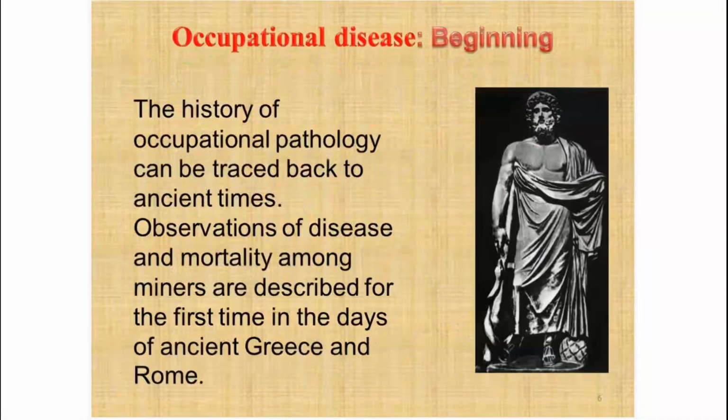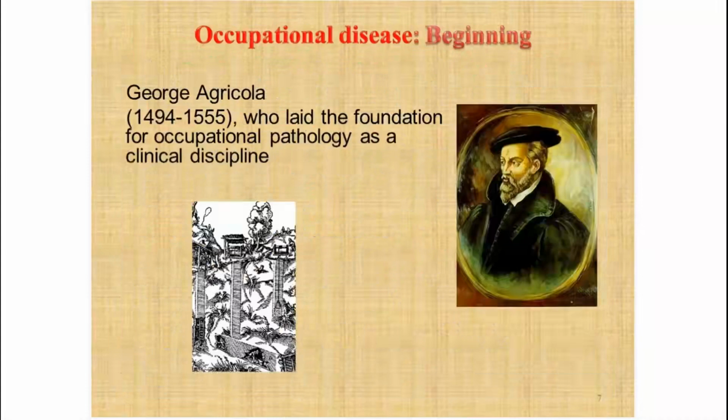Occupational disease beginning. The history of occupational pathology can be traced back to ancient times. Observation of disease and mortality among miners are described for the first time in the days of ancient Greece and Rome. George Agricola, who laid the foundation for occupational pathology as a clinical discipline.